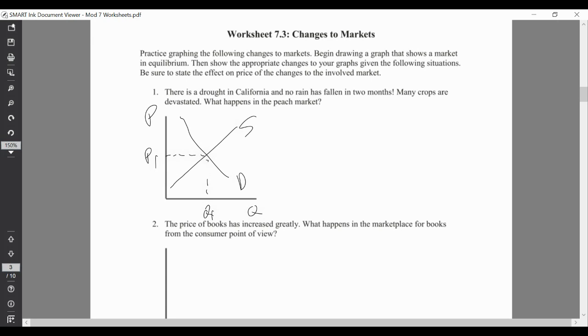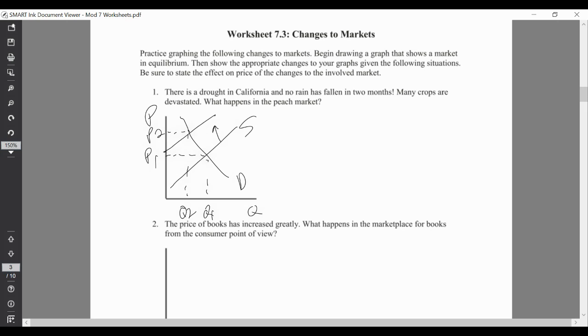It says what happens if there's a drought? Well, if we know there's a drought, peaches are going to die off. So we're going to see the supply curve shift this way, which then drives the price up to P2 and the quantity down to Q2. Okay, so that's what we'll see happen to the market.